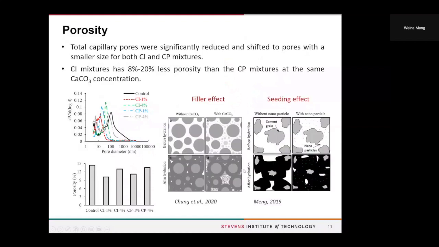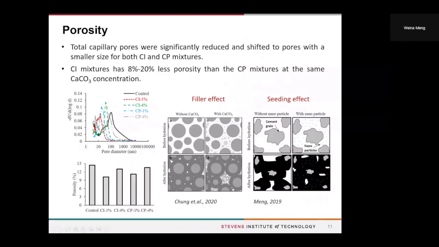The reason is basically two effects. One is a filler effect. The calcium carbonate is an inert kind of nanoparticle, so with higher particle packing density, it can help to fill the pores between particles of different sizes.